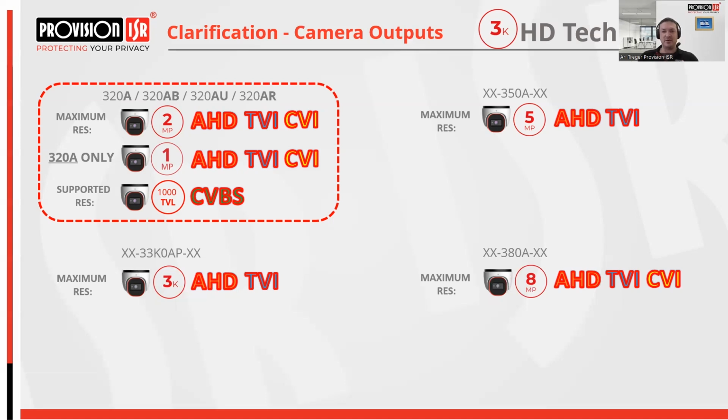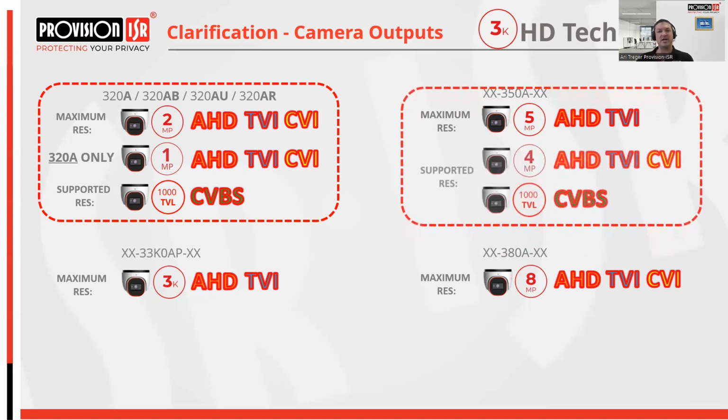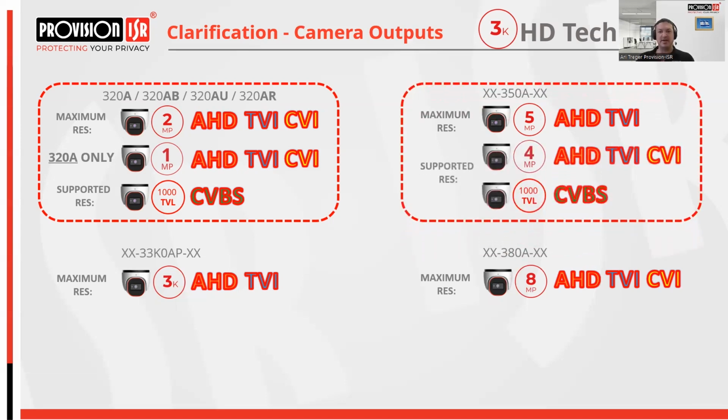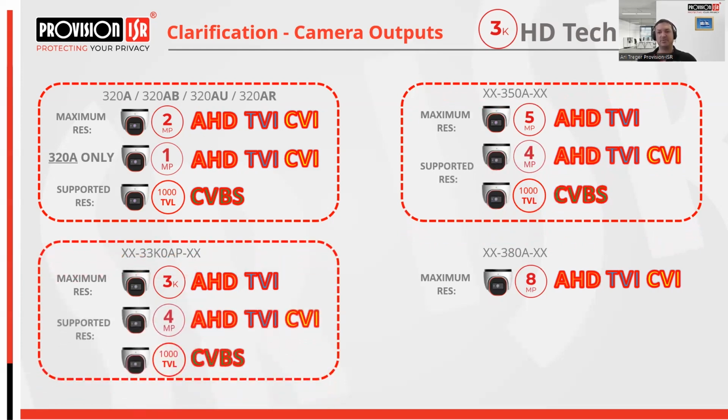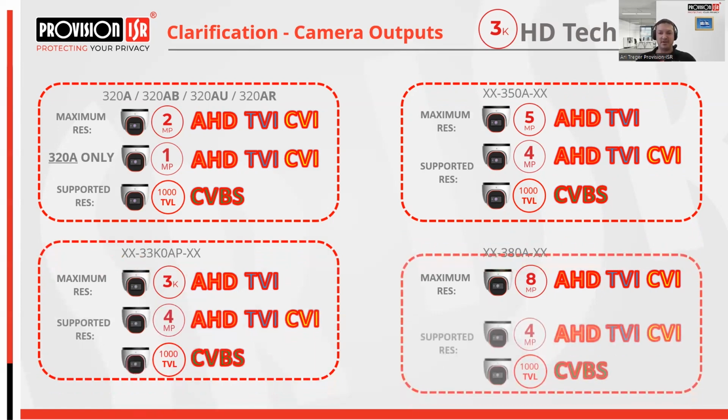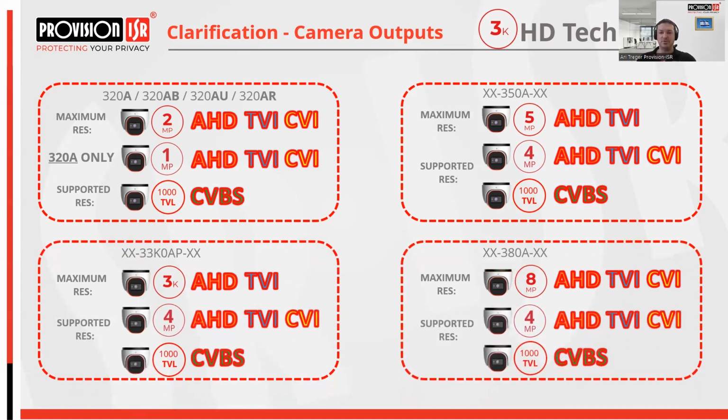The others can only reduce to CVBS and not 1 megapixel. When it comes to the 5 megapixel camera, it can be reduced to 4 megapixel in CVBS, and the 3K camera can also be dropped to 4 megapixel in CVBS, and the 8 megapixel can also be reduced to 4 megapixel as well as CVBS.